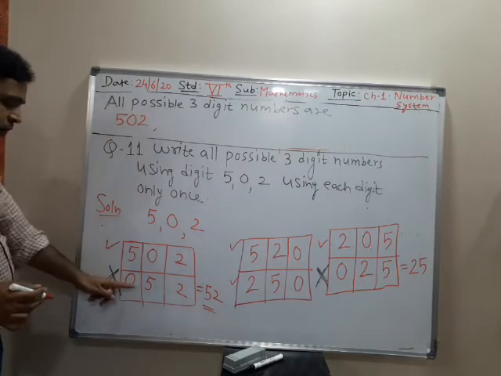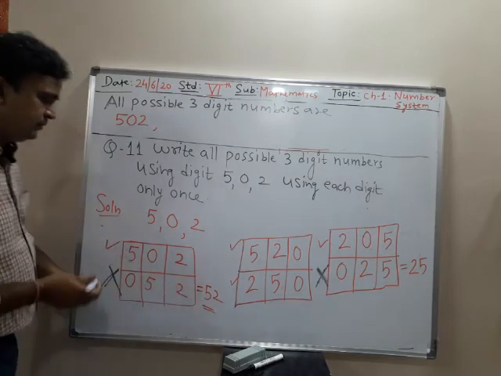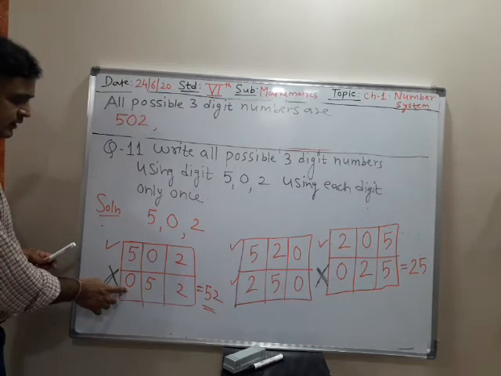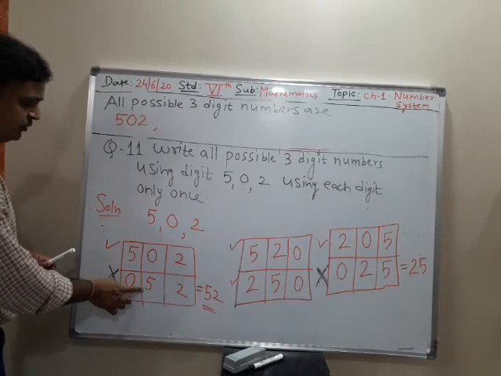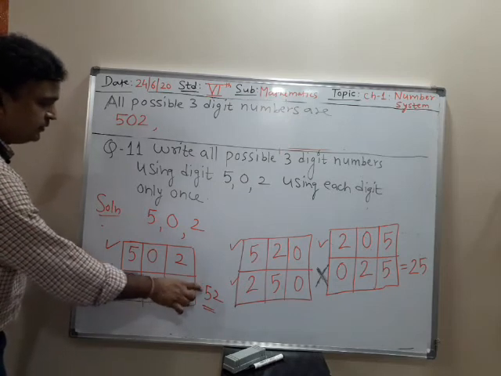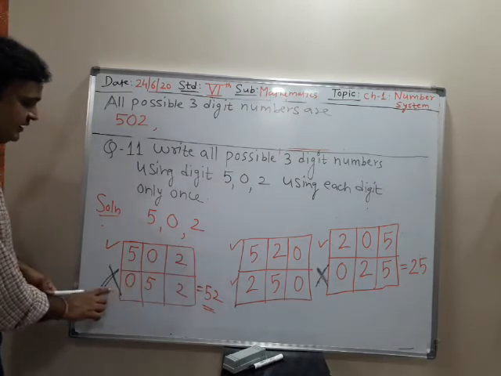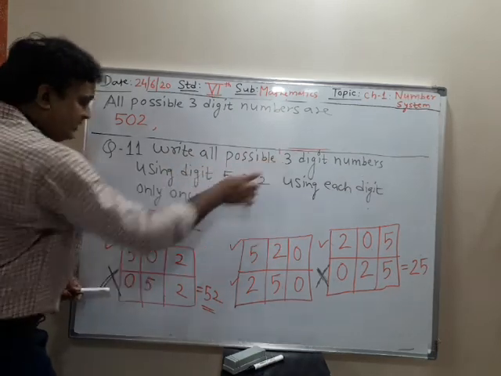Then 052 is the same as 52. If a number starts with 0, then starting the number with 0 has no meaning. So 052 is the same as 52, and this is a 2-digit number. So this I will not consider, because we want 3-digit numbers.